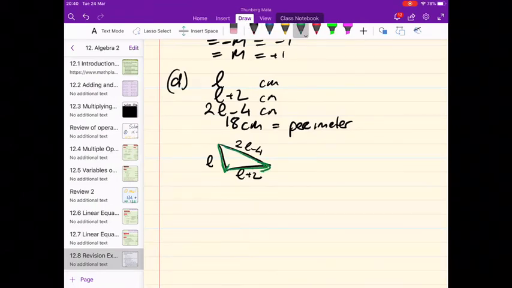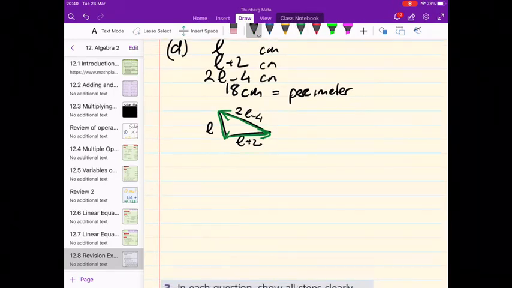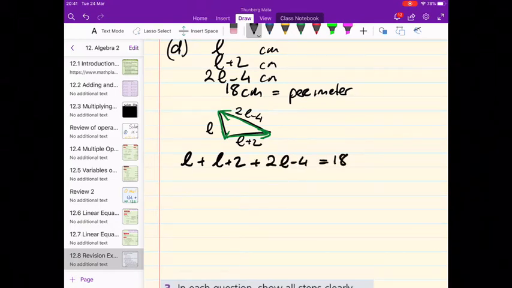So if I was to walk along the side L, then walk along the side L plus 2, and walk along the side 2L minus 4, I'd have walked 18 centimeters altogether when I add all three of those together. So I can make an equation, which is L plus 2 plus 2L minus 4 is equal to 18. I've just added the three sides together to say that's equal to 18.